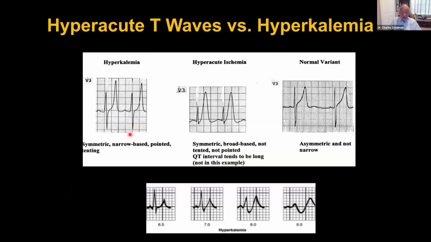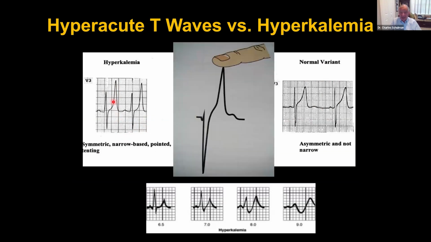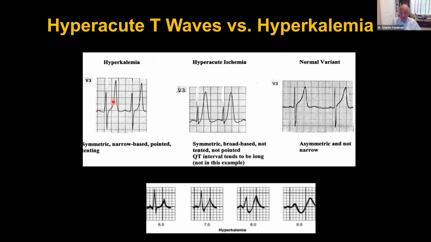The T waves of hyperkalemia are very pointy, like that. Prick your finger. Whereas the tall T waves of hyperacute ischemia are symmetric, broad-based, and not pointed. And the QT interval tends to be long.